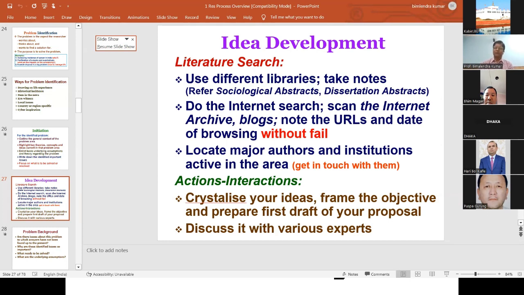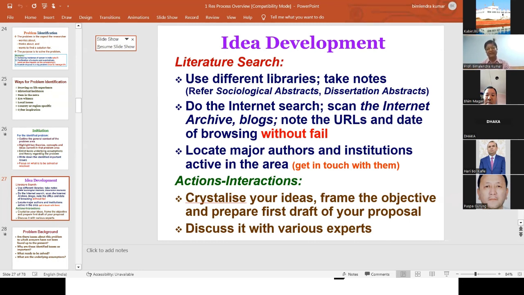If you go through the websites of the different universities, you will find what theses have been submitted. These can help a research scholar in the development of ideas, in how the thoughts related with the research can be taken forward.